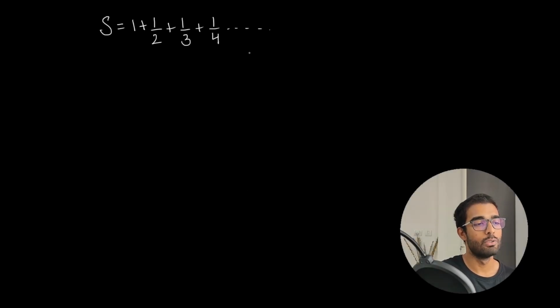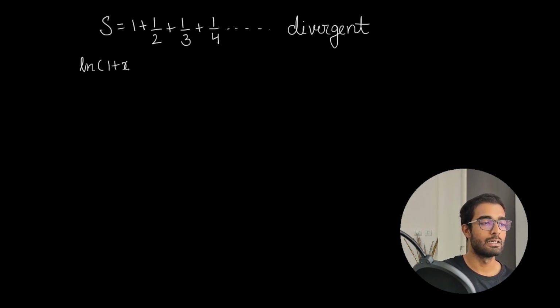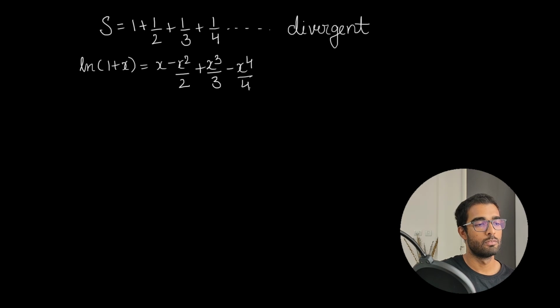In higher calculus, when we study convergence and divergence of series, we prove that this series is divergent, which means when the number of terms tends to infinity, the sum tends to infinity. Now, when I was going through the Taylor series of ln(1 plus x), I saw that it's x minus x square by 2 plus x cube by 3, and so on.